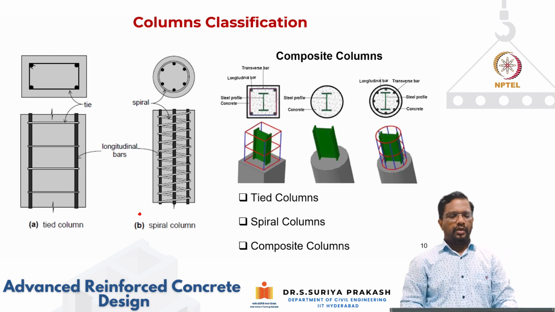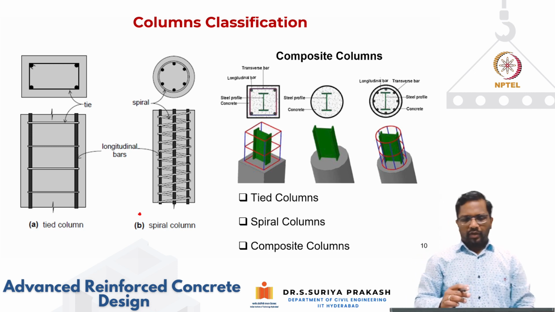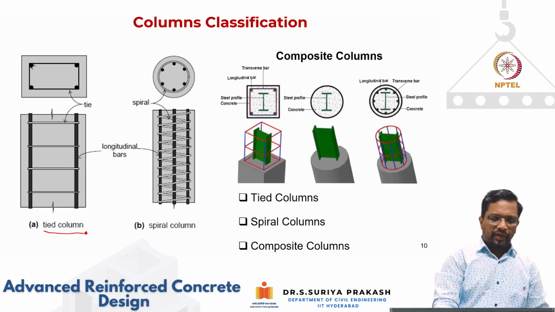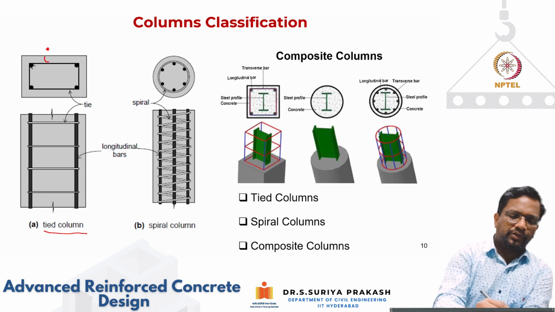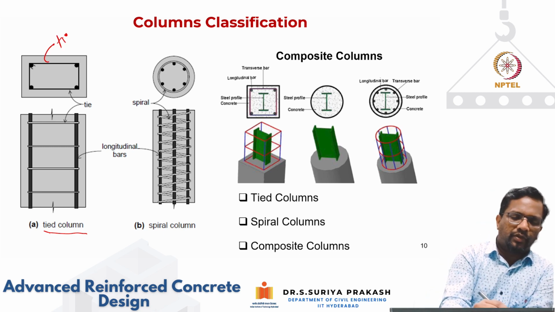Okay, so now let us see how many types of columns there are. You can have this kind of tied column, where these stirrups, as we call them in beams, are called ties in columns, and these are your longitudinal bars.